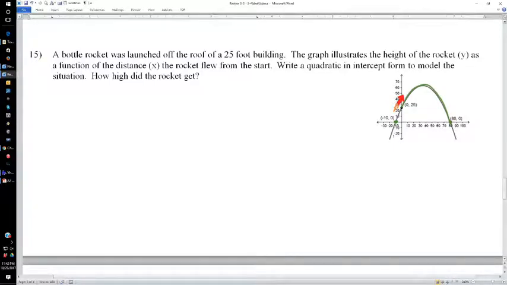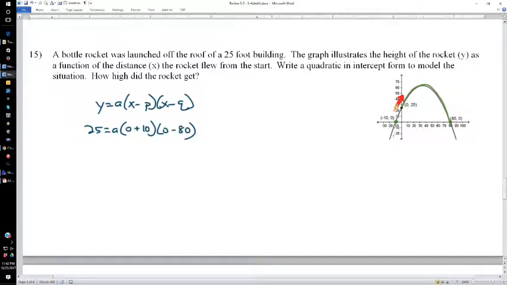So, again, let me write that equation up here. Y equals a, x minus p, parentheses, x minus q, your other root. Your random point is 0, 25, so y is 25, x is 0, and your two roots are negative 10 and positive 80. So flip them, it becomes a positive 10 and a negative 80.